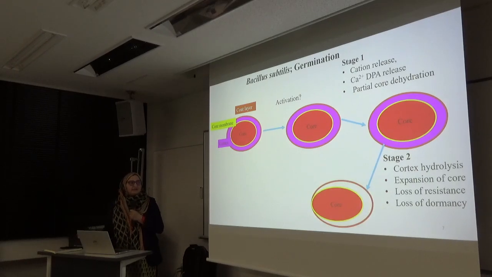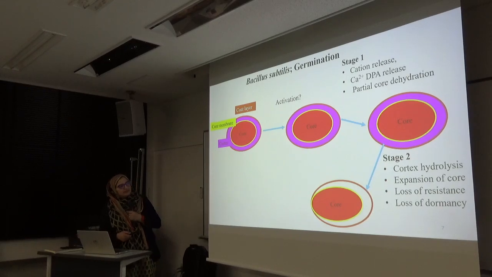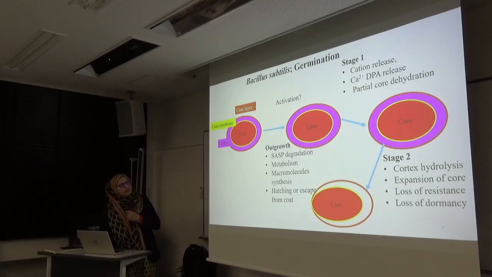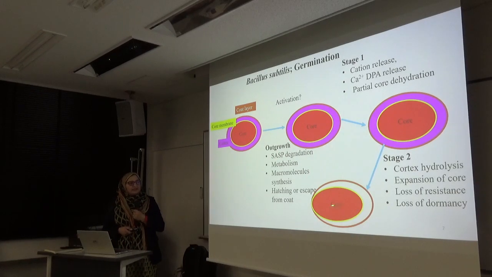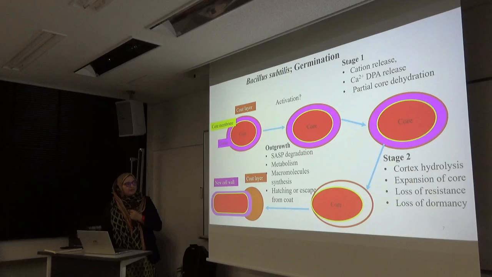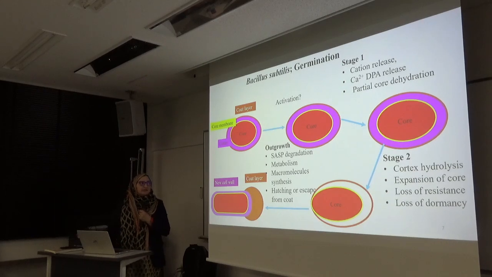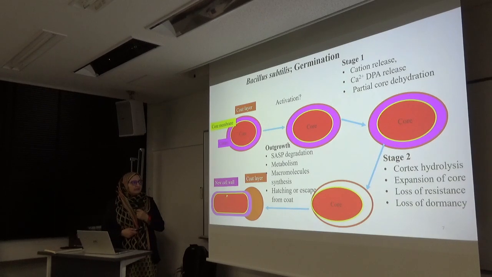The next step is the degradation of the cortex. Then comes outgrowth, where the core becomes the new vegetative cell and comes out of the outer shell of the spore, giving rise to a new vegetative cell. The last step of germination is the release of the new cell and the complete degradation of the coat layer.